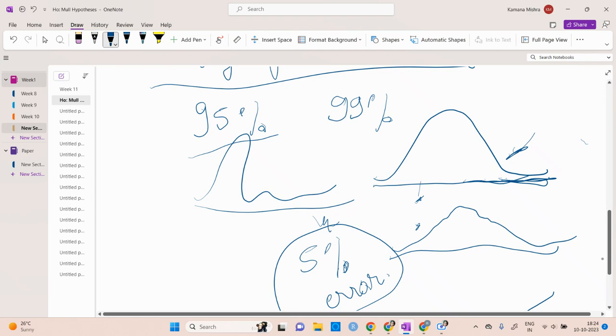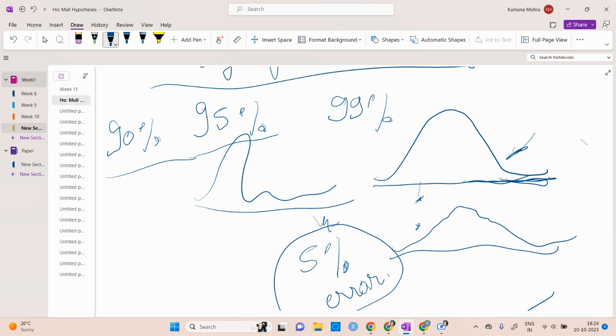If we take 90%, then we are allowing more error. So we are saying, okay, if there is 10% error in the sample, we are still accepting this sample, and on the basis of this sample, we can predict about our population, right? So that is the error present.